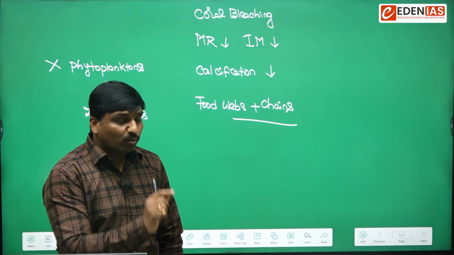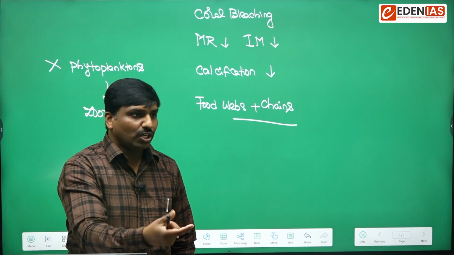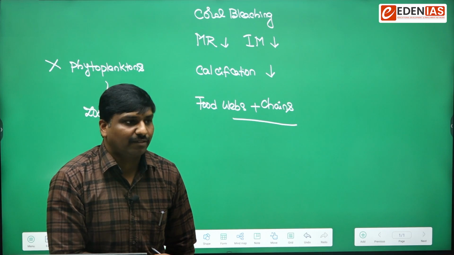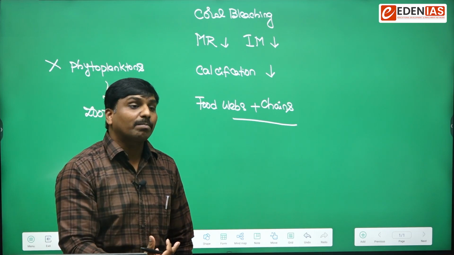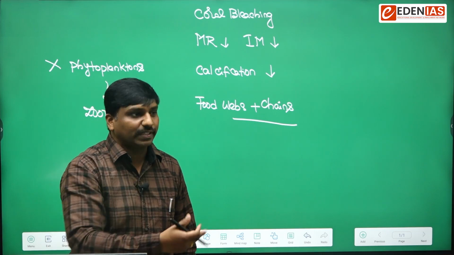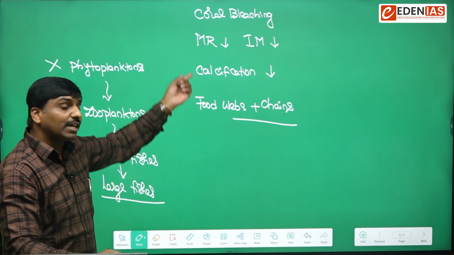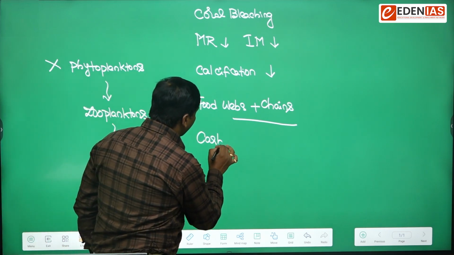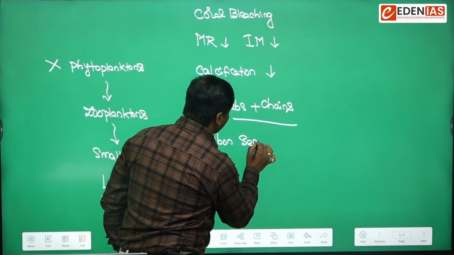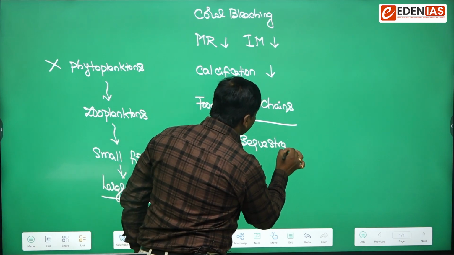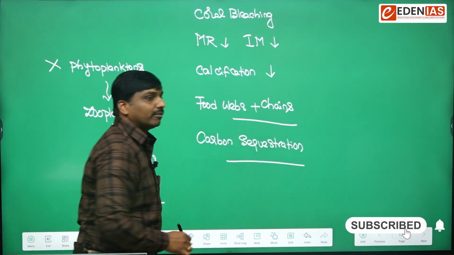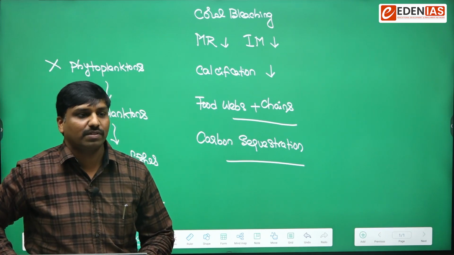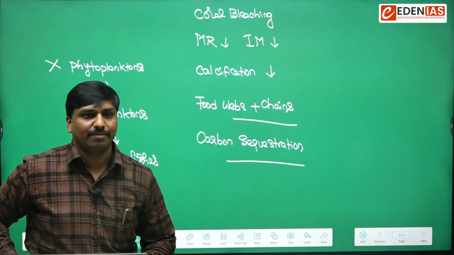We have also understood that oceans are one of the important carbon sinks which store carbon. Carbon sequestration is a natural process that occurs in the oceans. So due to ocean acidification, the process of carbon sequestration will be hampered. Ocean acidification impacts the process of carbon sequestration.